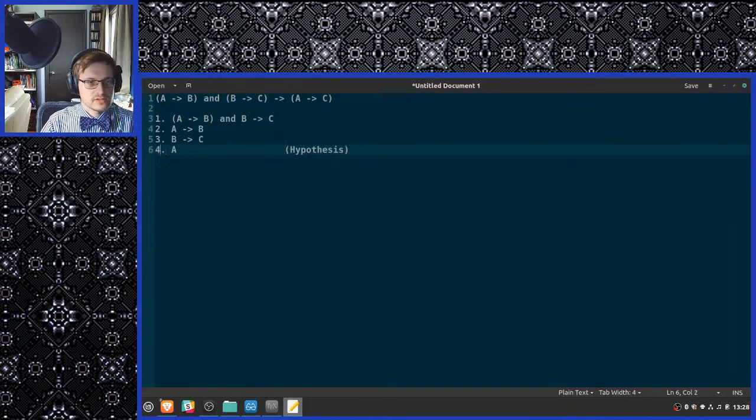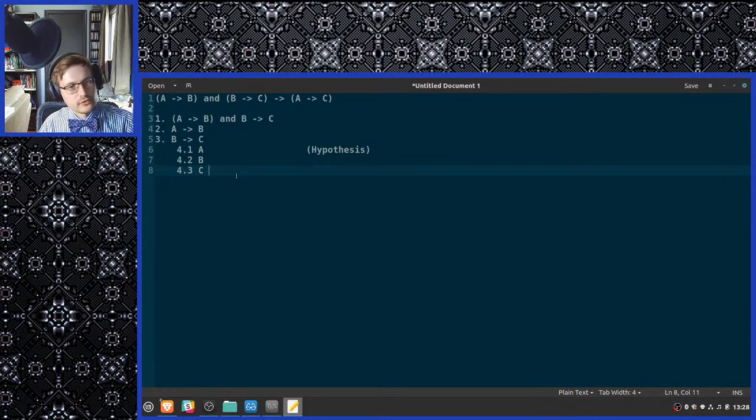Normally you'd tab it out, so let's tab it out. So this is like 4.1 in this proof. We introduce A as a hypothesis. 4.2, since we have A and we have A implies B, we can conclude B. Since we have B and we have B implies C up here, we can say C.